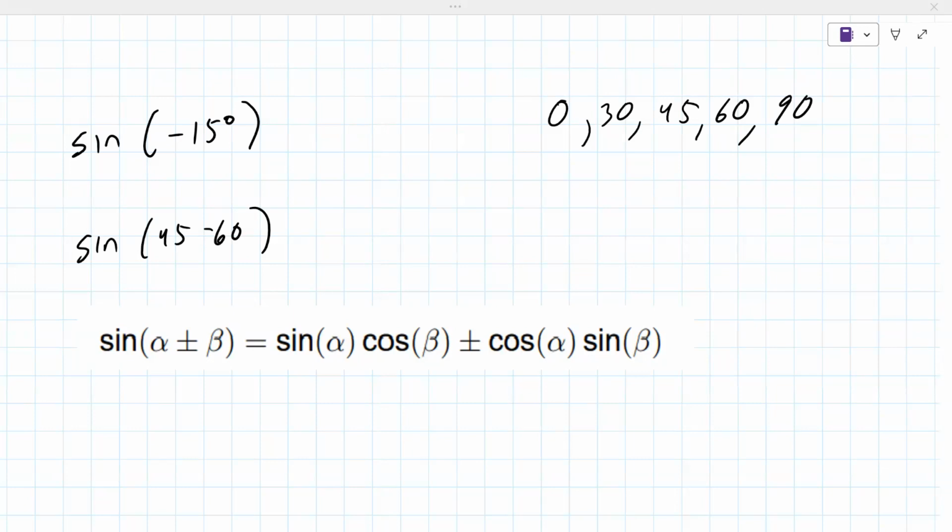Sine 45, cosine negative 60, minus cosine 45, sine negative 60. And keep working that out. Go as far as you can on that.